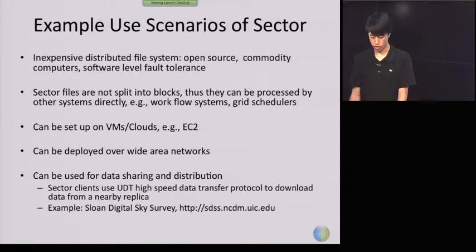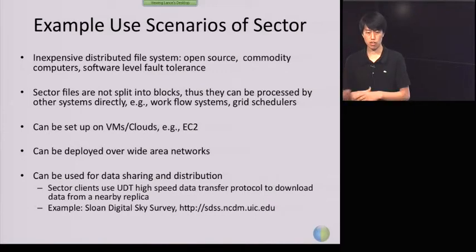So we set up a system. We put this image data in Sector. This is a wide area distributed file system, and any user with a Sector client can connect to this system and download a replica of this image from a nearby location.